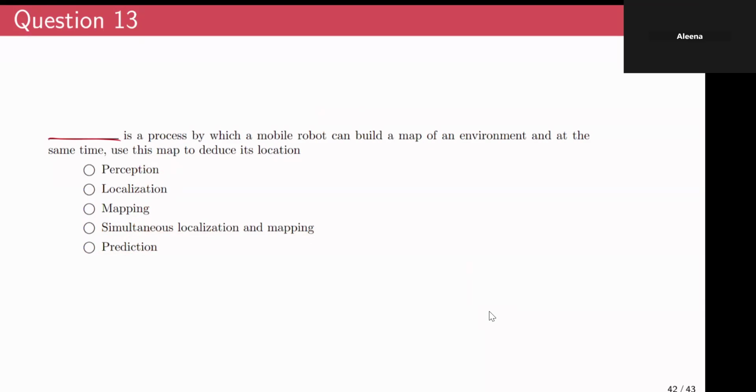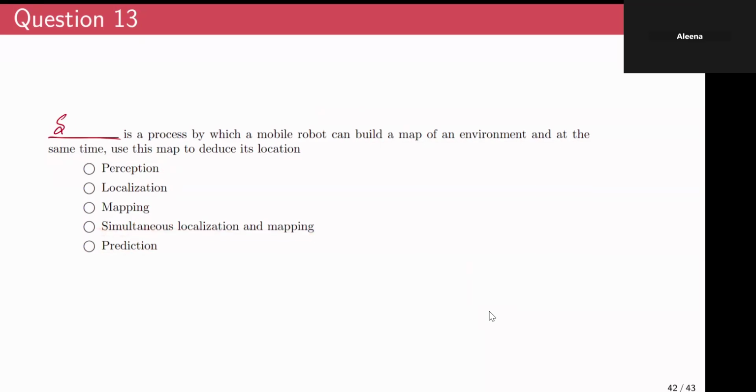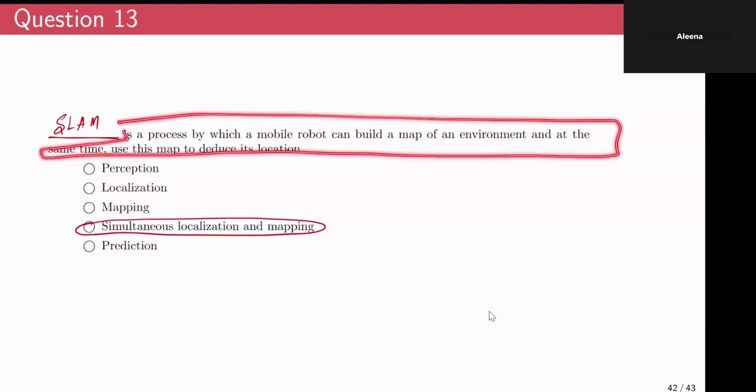A process which it can use to build a map and at the same time estimate its own location, simultaneous localization and mapping, by definition is SLAM. So this is indeed our answer, because SLAM is the most appropriate definition for this statement.